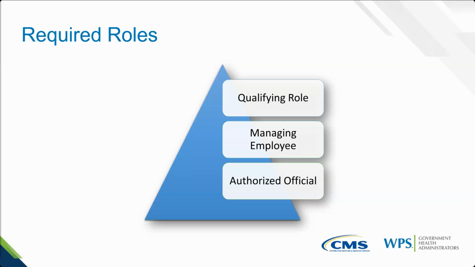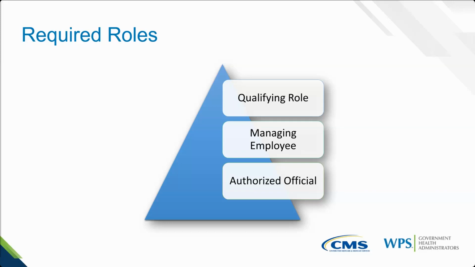We're also going to have at least one managing employee. Now, this does not impact those individuals that are enrolling in private practice on that 855I. If they're in private practice, they are themselves their own managing employee, and the system can recognize that. But when you're looking at the CMS 855B, the CMS 855A, so those group organization and facility enrollments, that is when you're going to definitely need to have someone designated as a managing employee.